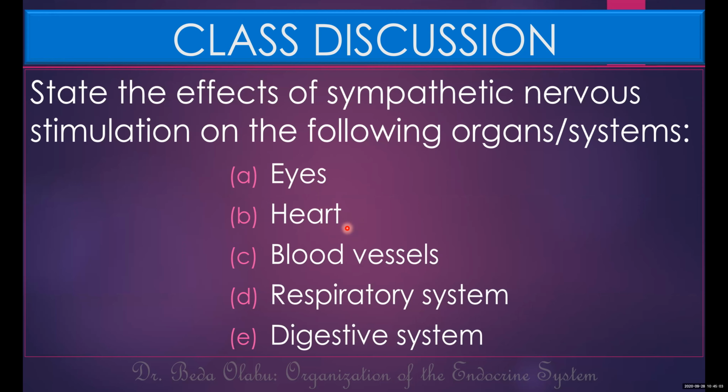But there's also something: it increases the speed at which impulses travel from the sinoatrial node all the way to the Purkinje fibers. And what term do we give for that? Conduction. Yes, what term do you give to conduction velocity? It's called dromotropy.